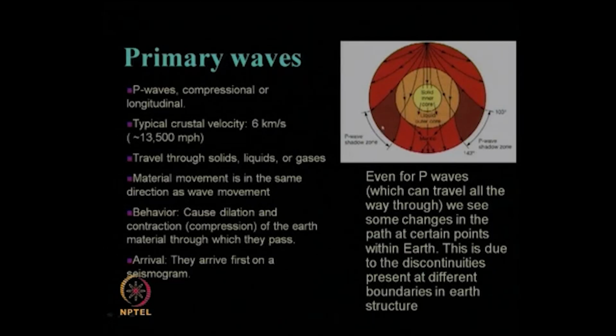So, if your seismograph is located here, that seismograph will record nothing, because no P wave from this earthquake can reach here. So, they will feel as if no earthquake has occurred at any part of the world, but the other parts of the world will record this incident.